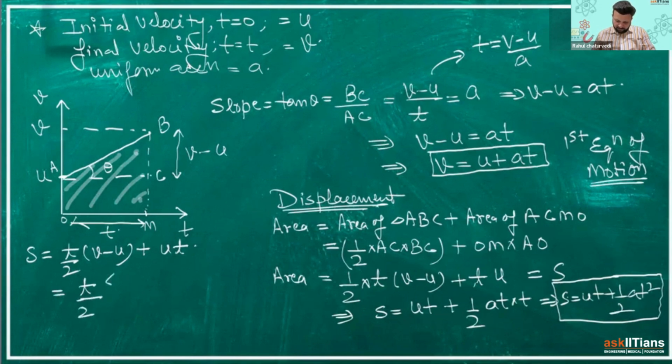So finally you will have V minus U plus 2U, and this can be written as T by 2 into V plus U. Fine.